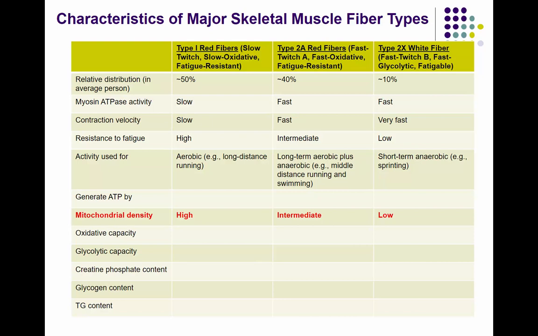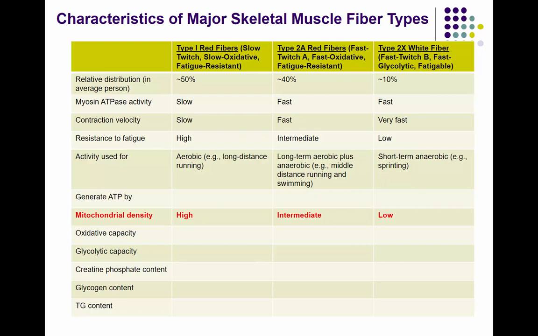And type 2X only utilize anaerobic metabolism for ATP production. So try to remember the most important characteristic of the different fibers, and then it will be easier to understand the other characteristics. That is mitochondrial density, or mitochondrial content.